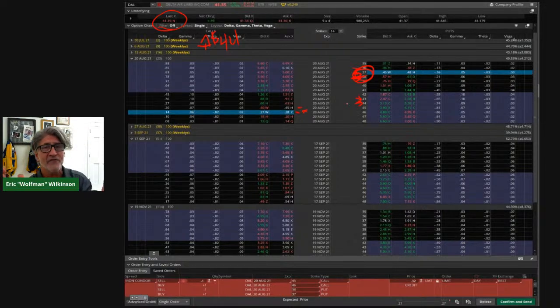So if I collected another, let's say 50 cents for rolling this strategy up, then my overall collection would be 83 cents. Does that make sense for everybody? Because this put spread, if I roll it up and I collected maybe 50 cents for it at that time, because I would be getting very aggressive, then that overall credit is what I got to take into account for my overall profit and loss.